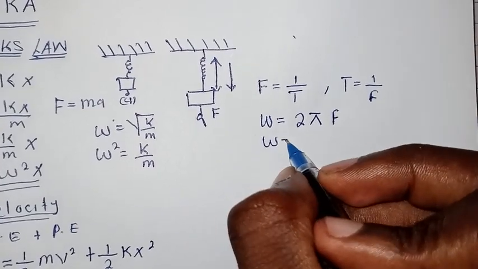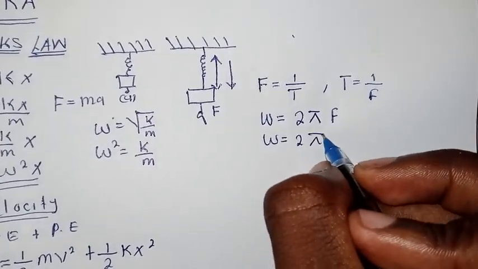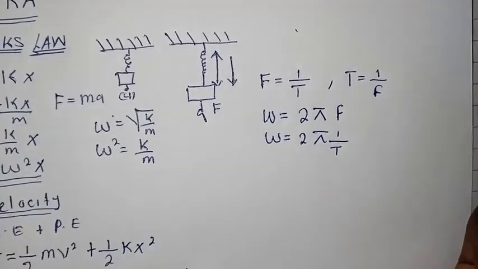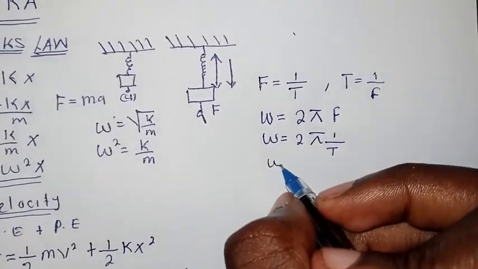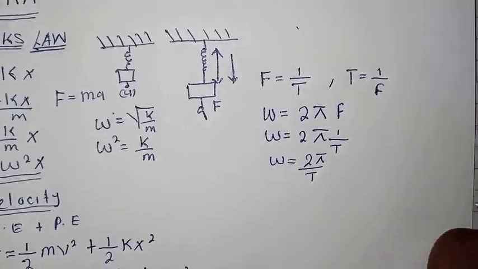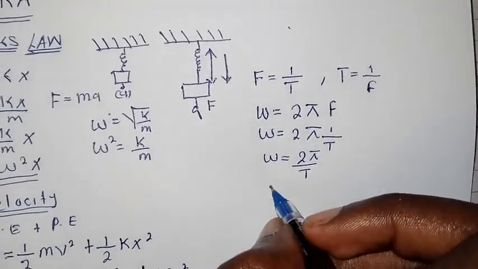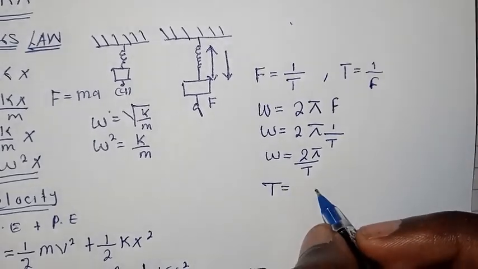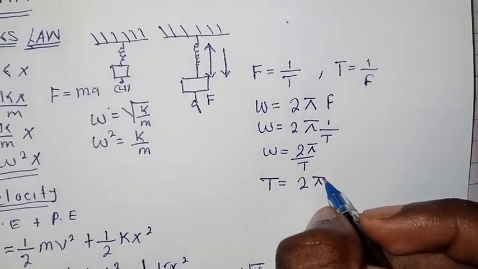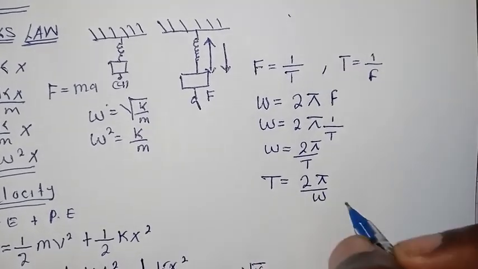If you replace the frequency with 1 over T, you're going to have omega equal to 2 pi over T, and the period can be found by 2 pi over omega.